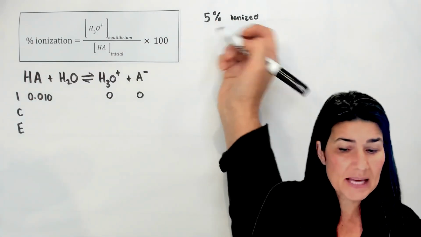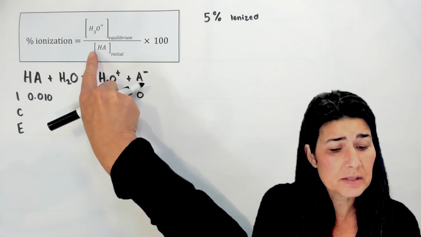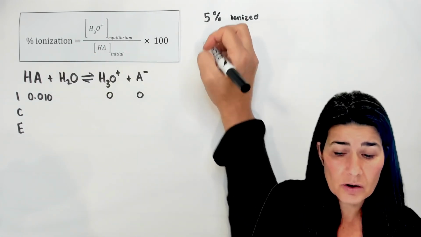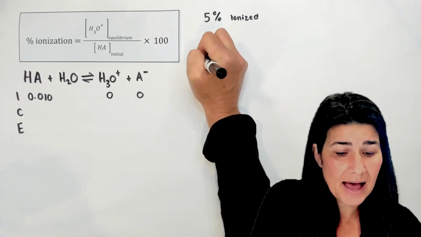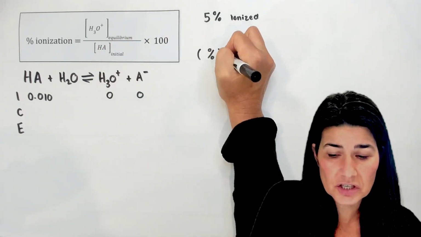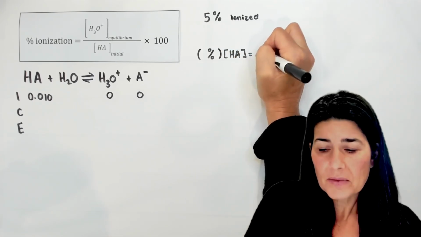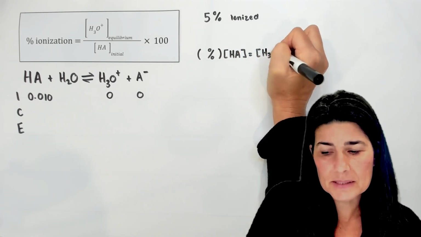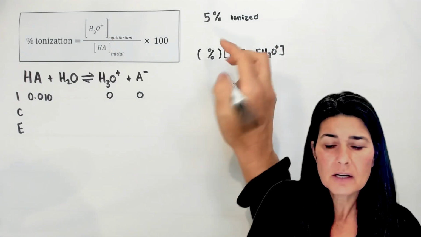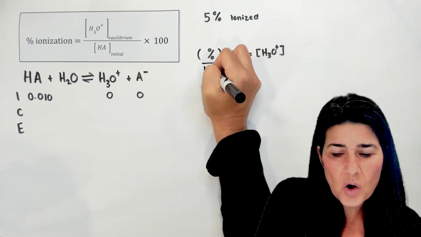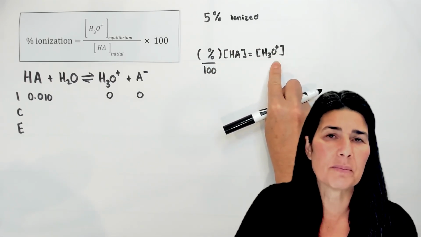If we rearrange this equation for H3O+, I'm going to multiply both sides by my HA. So the percent ionization multiplied by the initial concentration of the HA acid will equal the H3O+ times 100. Let's bring the 100 down here right away. The percent over 100 times that initial concentration gives me the amount that breaks off.